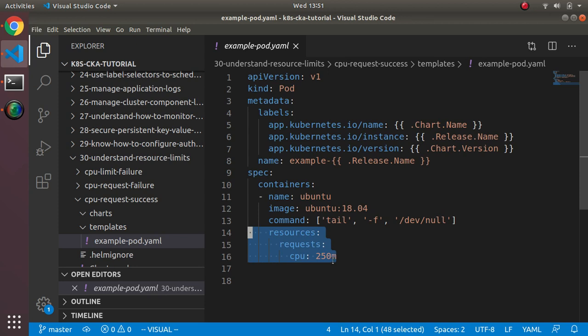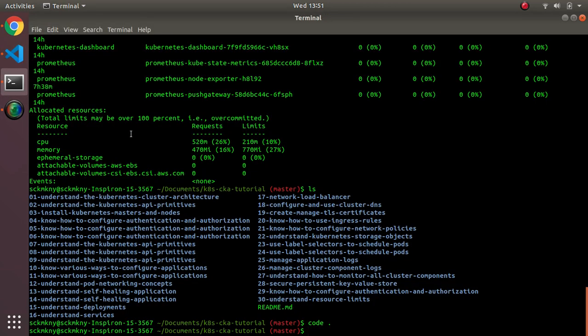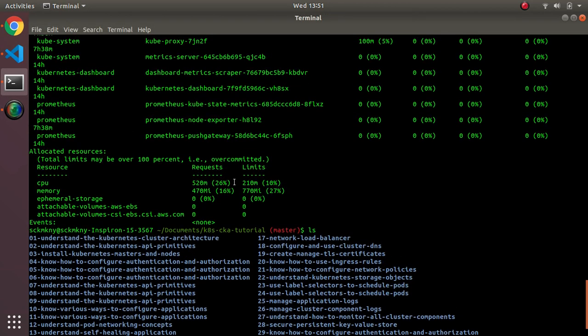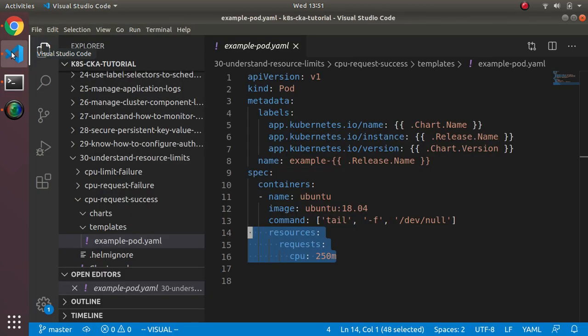And if I look back at what was above, this node certainly could handle it, because it has 2 CPUs, which is essentially 2,000 milli CPUs. So the 250 I'm asking for could certainly fit on that node.